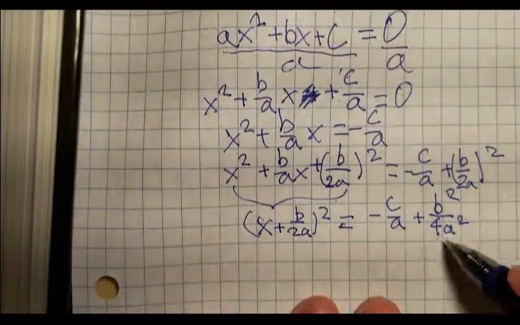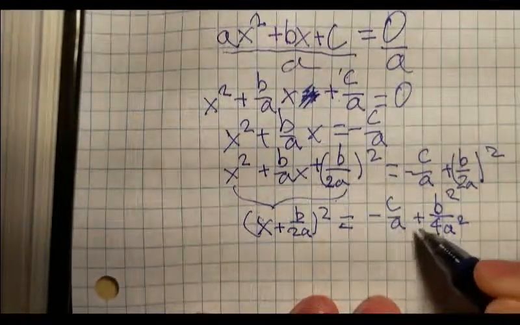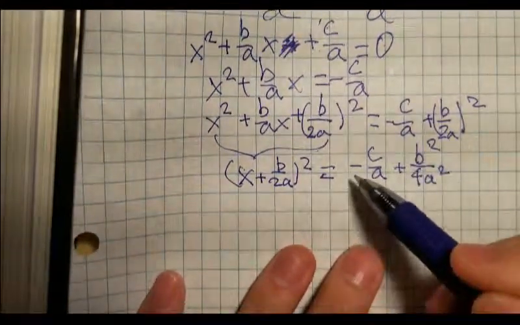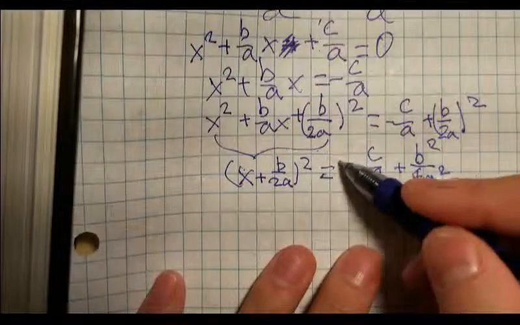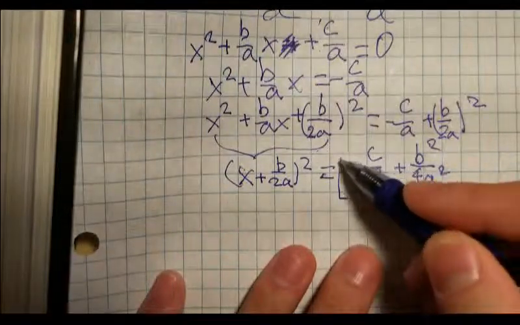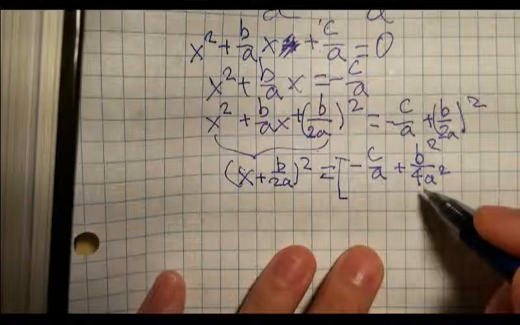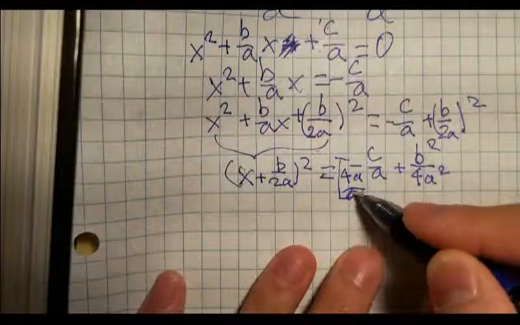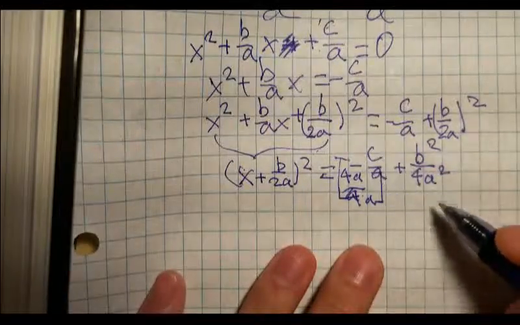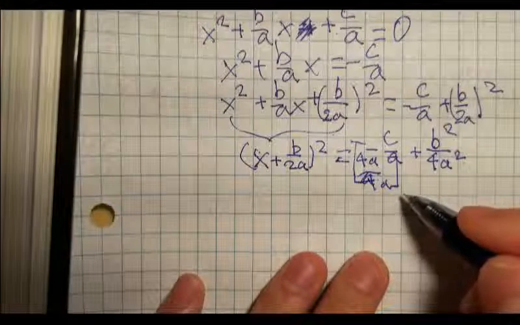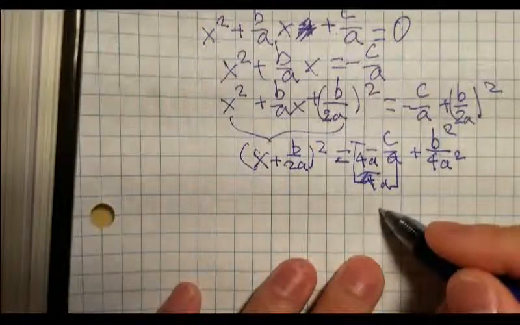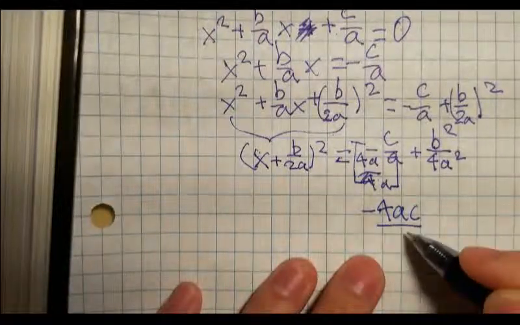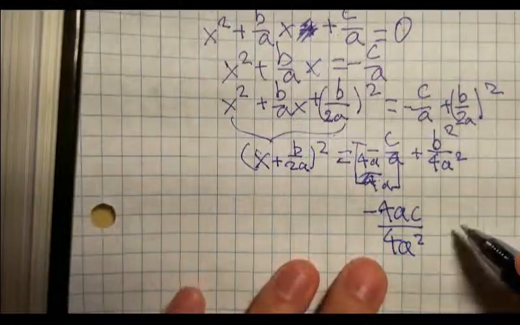To add these fractions together, remember we need the same denominator. It looks like this has 4a squared. Let's multiply just this term by 4a over 4a. You multiply that term, and you're left with negative 4ac over 4a squared.